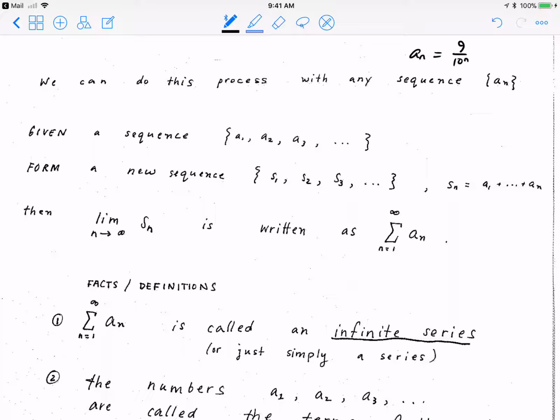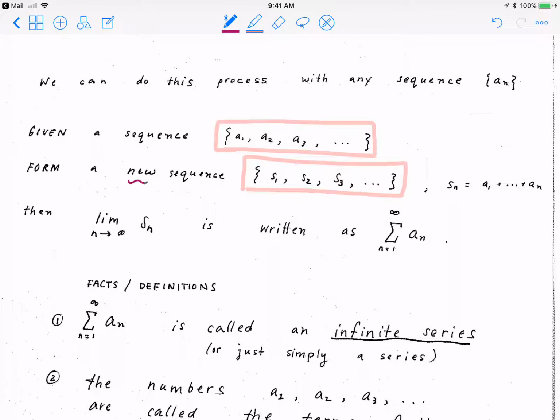So here is our official procedure. You're given a sequence of terms. You're going to form a new sequence. This new sequence is called your sequence of partial sums. So we'll write this down.